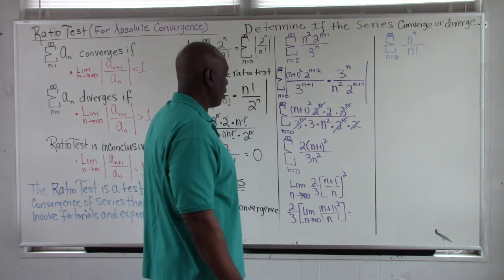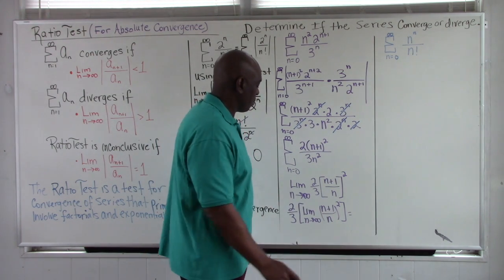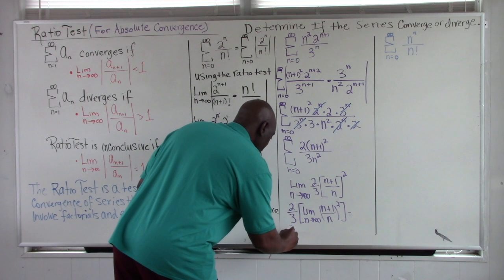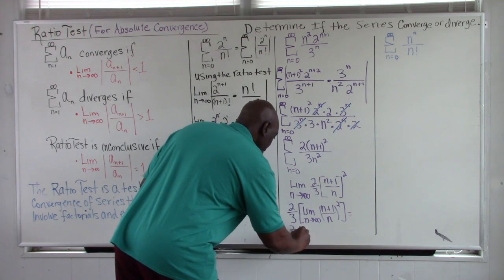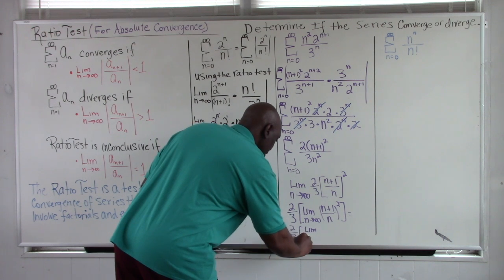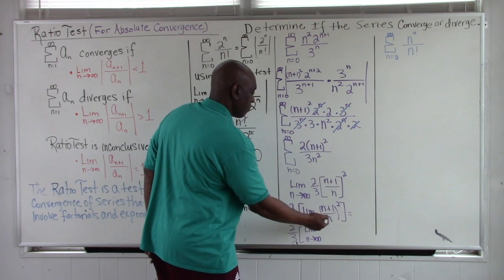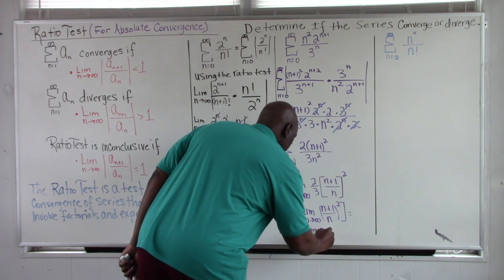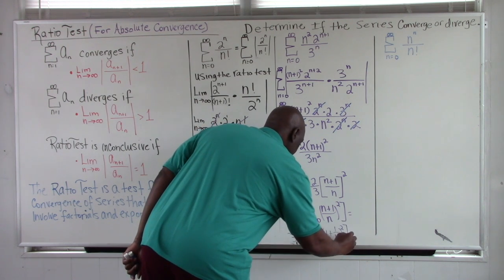All right. Well, what's happening right here? Well, we can rewrite that as 2/3 of the limit as n gets increasingly large. Now let's divide that out. That's going to be 1 plus 1 over n quantity squared.